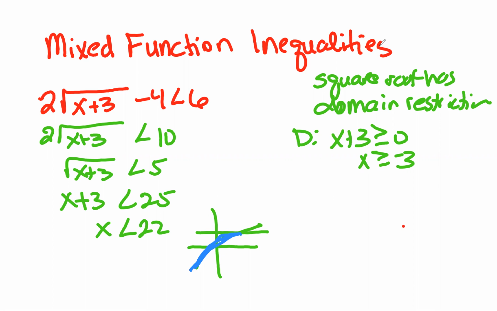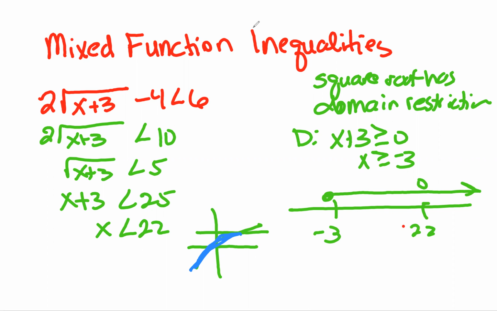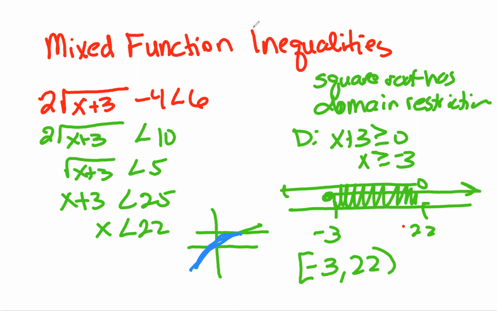And when I put the problem on a number line, I'm looking for where they are the same. So I need x is greater than or equal to negative 3, and I need x is less than 22. And I want the pieces that are the same. So the answer would be from negative 3 to 22, making sure that I'm watching the endpoints for my problem.